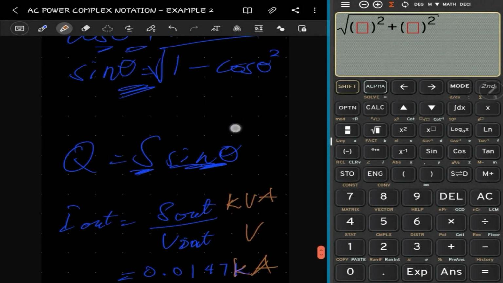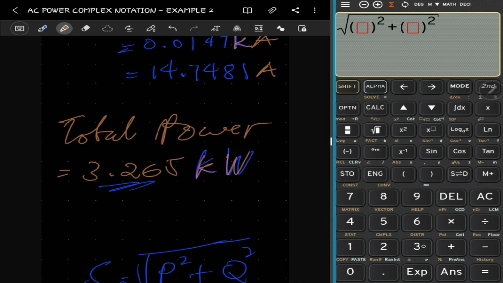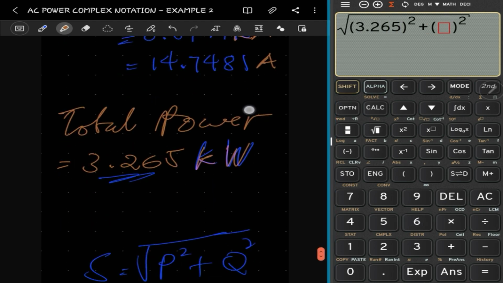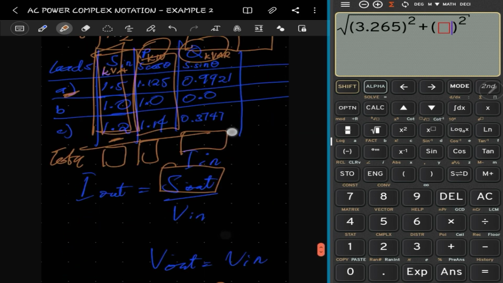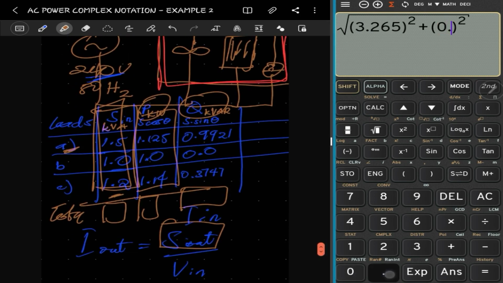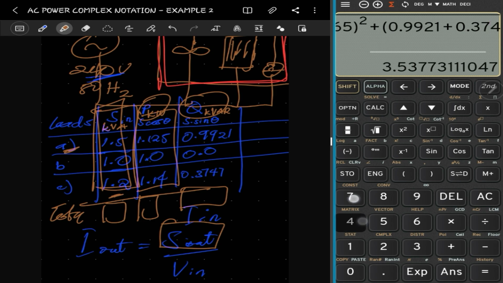We have to find the total power. We've seen the total power to be this. We have that already. So that will be 3.265, the total output power, meaning the power of the load, right? And we have the total reactive power. We don't have that directly. So let's see. We can add them up. We have 0.9921 plus 0, and then plus 0.3747, right?